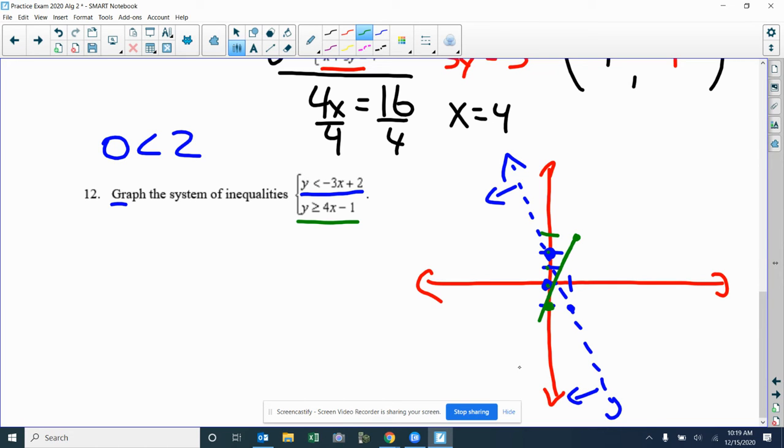This is a solid line. Again, we can use zeros. Plugging in 0 for y and 0 for x, is 0 bigger than -1? Well, yes, it is. So the green is true this way.